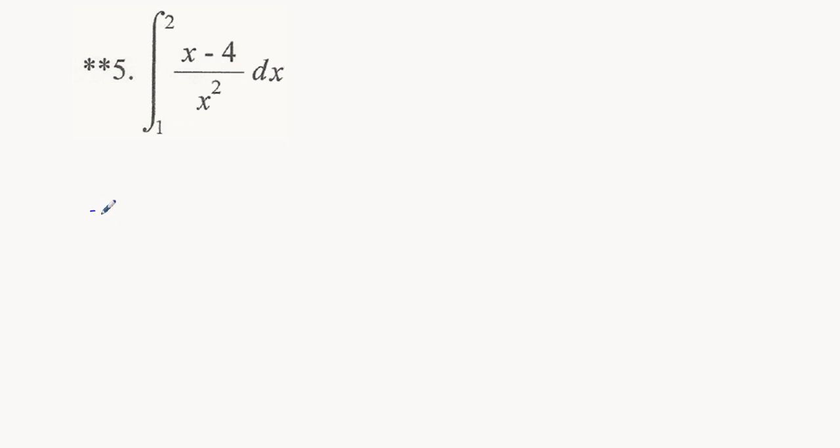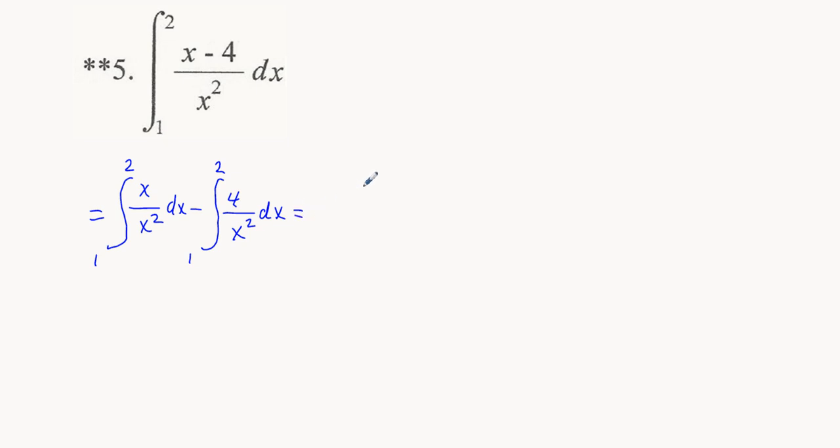This is going to be equal to the integral from 1 to 2 of x over x squared dx, minus the integral from 1 to 2 of 4 over x squared dx.